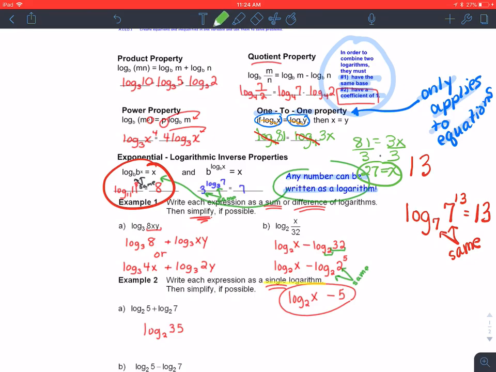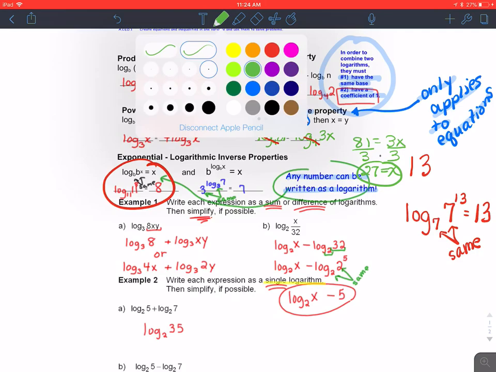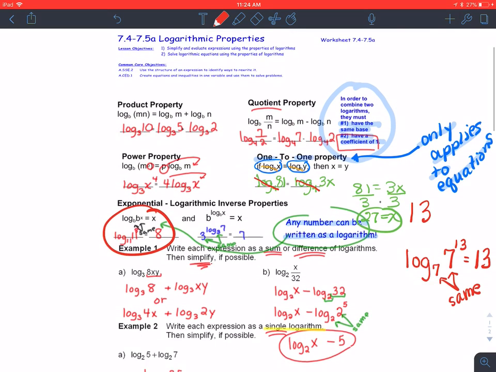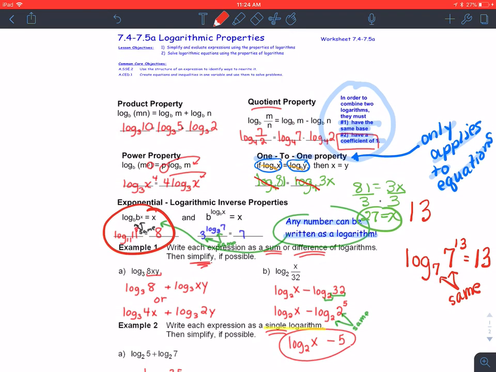Now there is one important characteristic of logarithms that you'd want to make sure that you are aware of. And that is that when you have a logarithm, its argument has to be a positive number.